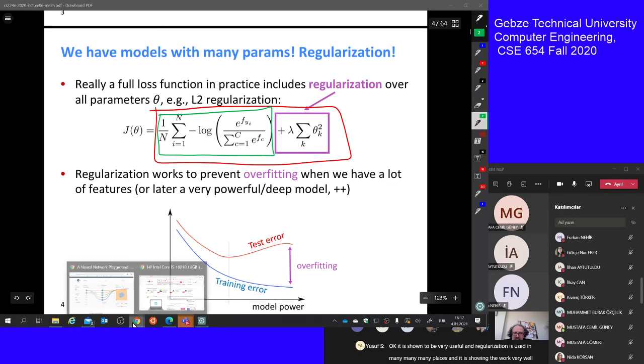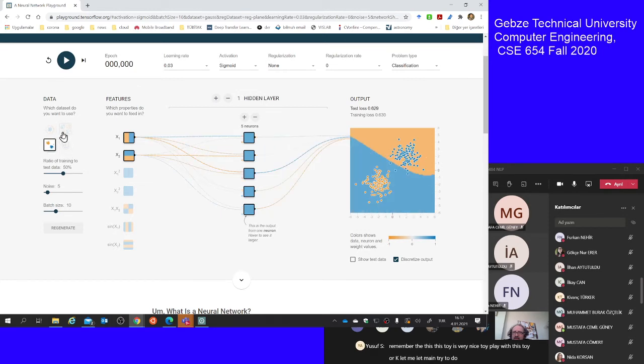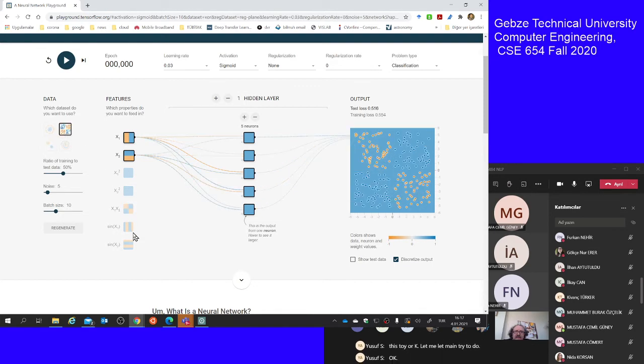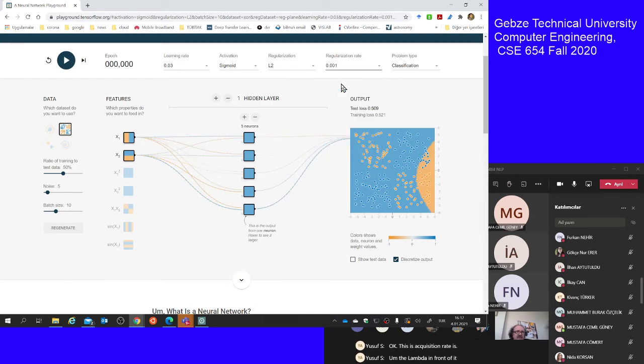Remember, this toy is a very nice toy. Play with this toy. Let's try to do this again, and say that I am going to use the sigmoid as activation function. Regularization is L2 regularization, like that one. This regularization rate is the lambda in front of it.